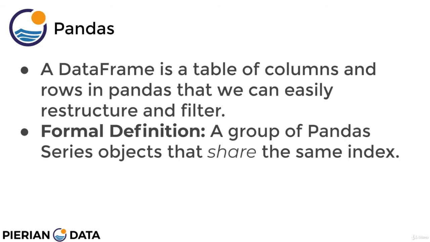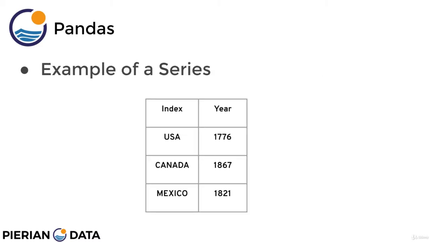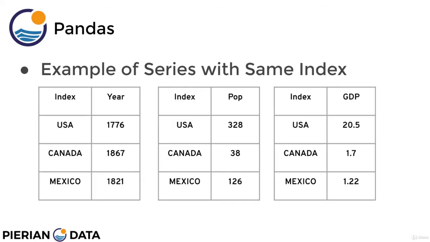So let's quickly define this a little visually. Here we have an example of just a single series, something we're already used to from the previous lecture, where we have a labeled index and then we have some data columns such as the year. Now here we have an example of multiple series that are actually sharing the same index.